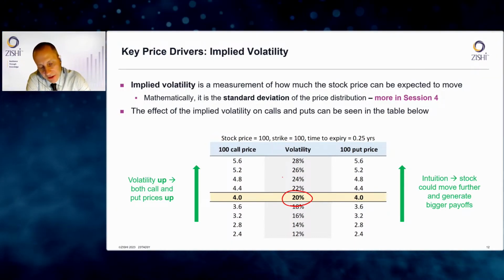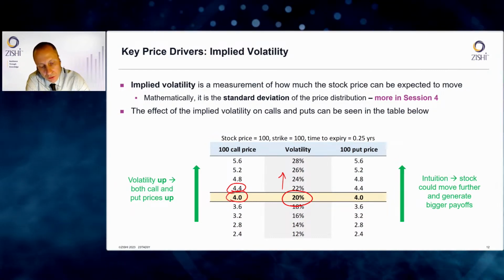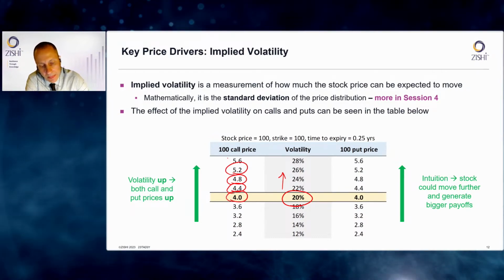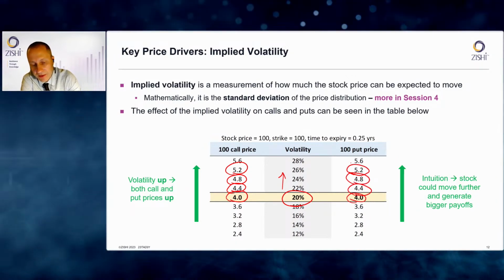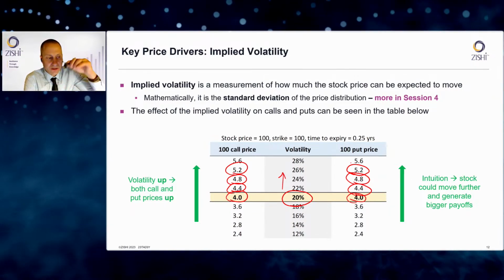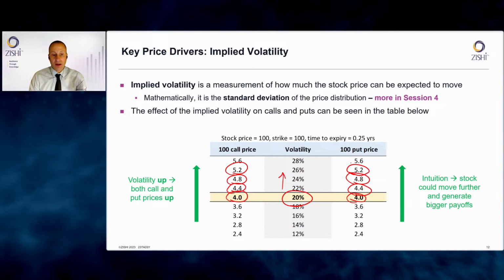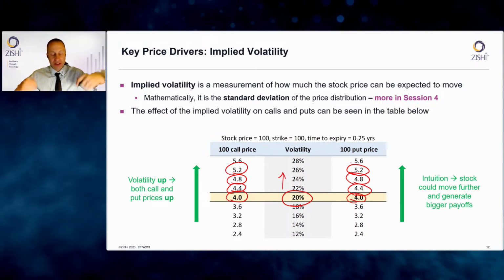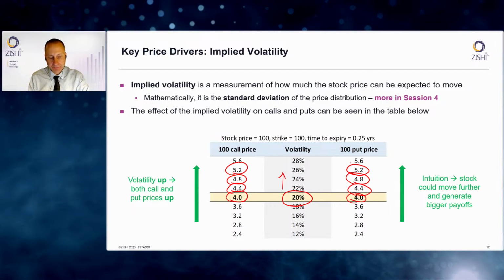What you can see is, as I increase the volatility, the price of my 100 call increases, and so does the price of my 100 put. So this is the effect, and we'll see this with time to expiry as well, where both the price of calls and puts either both increase or both decrease as volatility goes up or down.